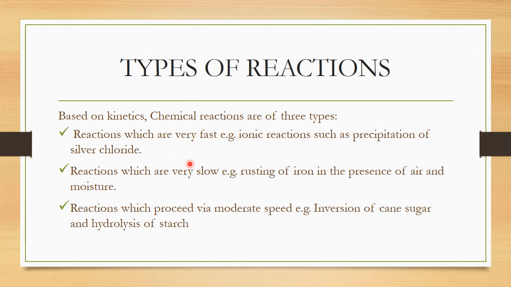Now, based upon kinetics, meaning based upon the rates, chemical reactions are of three types. First type, the reactions which are very fast. For example, ionic reactions such as precipitation of silver chloride when you add silver nitrate solution to any chloride salt.